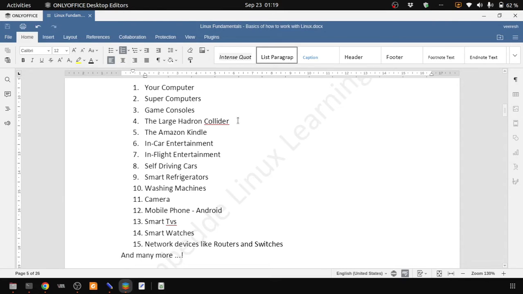The CERN Large Hadron Collider uses the Linux operating system. Amazon Kindle uses Linux. The in-car entertainment, which we also call infotainment, uses Linux for its operation. In-flight entertainment, which is a similar kind of infotainment in the flights.